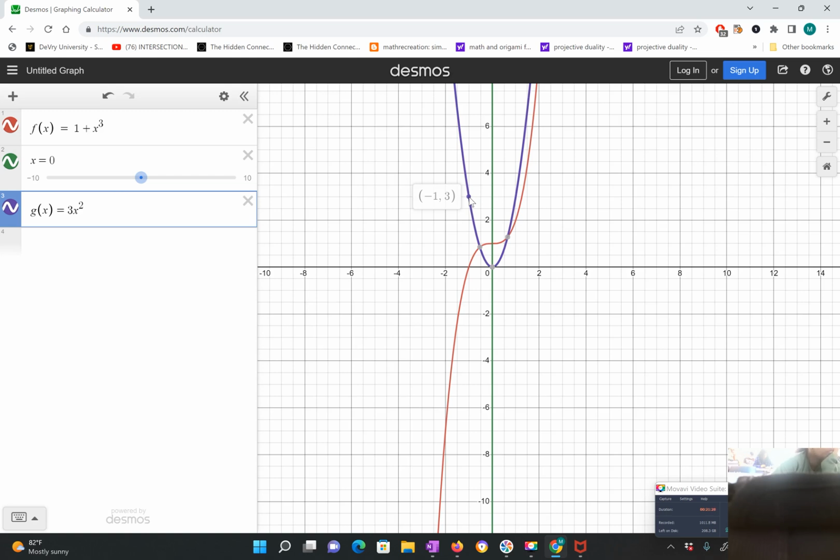And at positive 1, which is equidistant as well, we're right here, that's also 1, 3. So at that peak, we're positive on both sides. In that case, this is indicating that it's increasing on negative infinity to 0 and 0 to infinity. So it's going up on both sides.